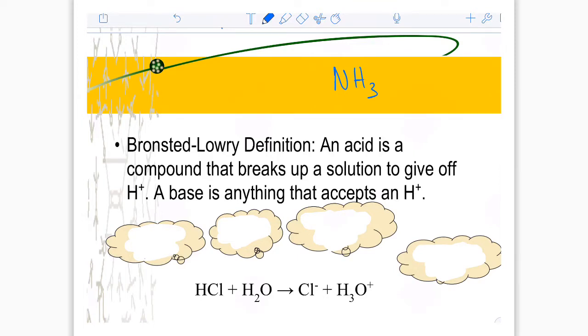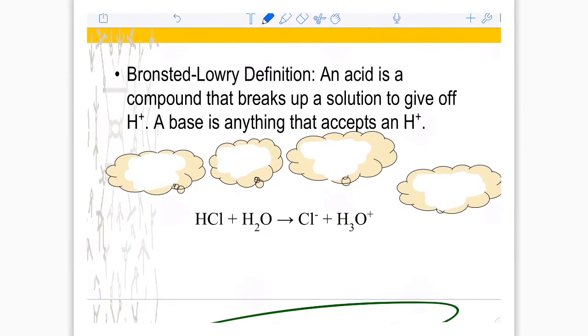All right, so if we look at this example here, we can see HCl. That one's usually pretty easy to identify. That must be the acid. There's an H in front. But then we see water. Well, you know what? Water has H's in front as well. So which one of these is my acid if they both have H's in front? Well, look and see at the product side. What did it turn into? I can see that here the Cl has an H and now it does not. So what has it done?